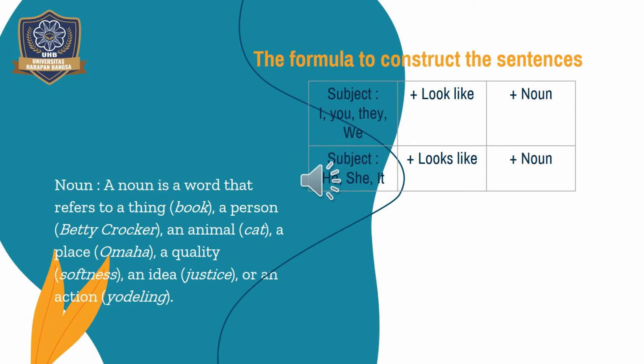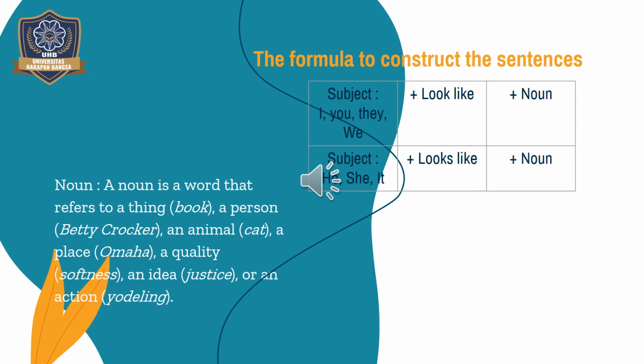When you want to make a sentence with look like, here in the table I divided it into 2 types. When you want to use the subject I, you, we, they, it is followed by look like and then a noun. But if you use the subject he, she, it, don't forget to add s in looks like, followed by a noun.